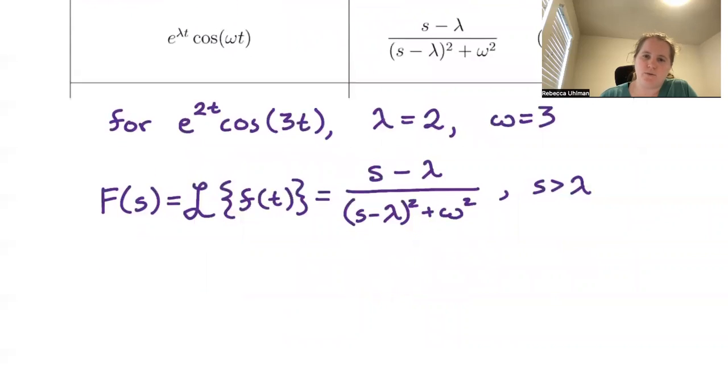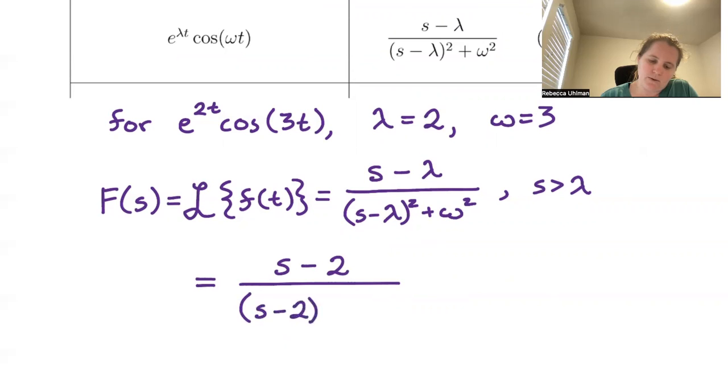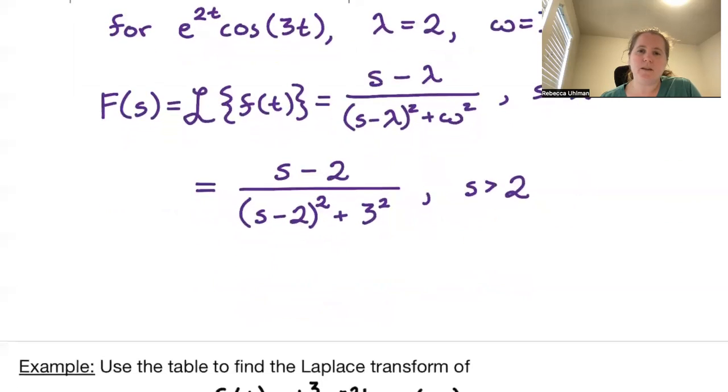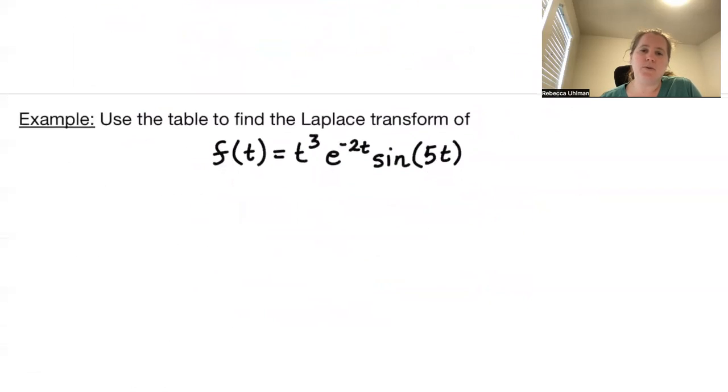And if we plug in our 2 and 3, we have that this is s minus 2 divided by, in parentheses, s minus 2 squared plus 3 squared, again defined for s greater than 2. That was our lambda. So this is using the Laplace transform table to quickly evaluate the Laplace transform of e to the 2t cosine of 3t without having to do the improper integral. Let's go ahead and do one more example.